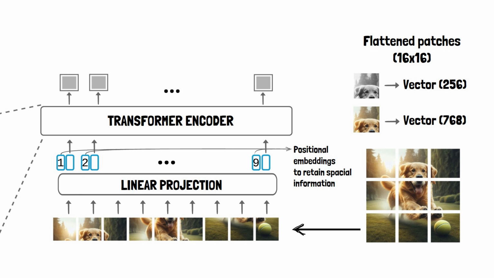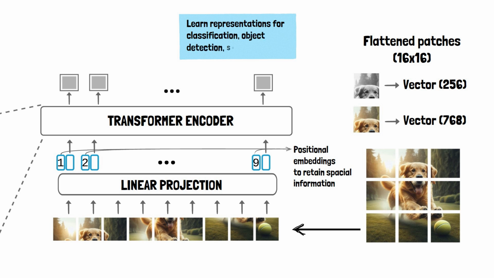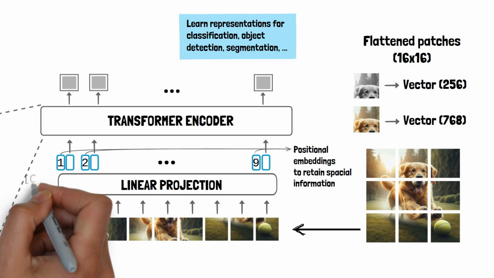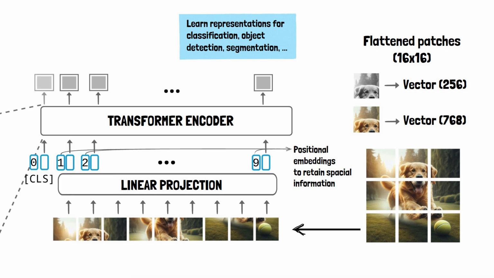Vision transformers are designed to generate representations that are useful for tasks such as image classification, object detection, and segmentation, much like BERT is used to generate representations for natural language tasks. To achieve this, a special classification token is added to the input sequence of patches, exactly as done with models like BERT.